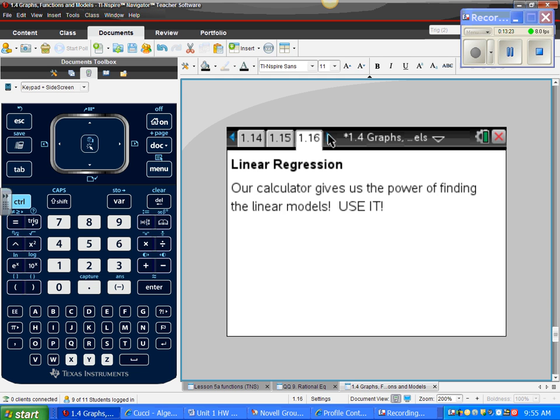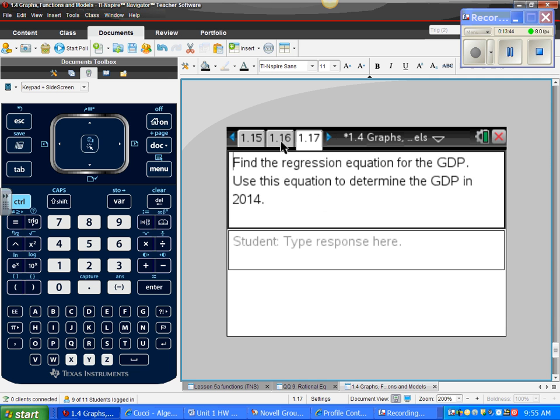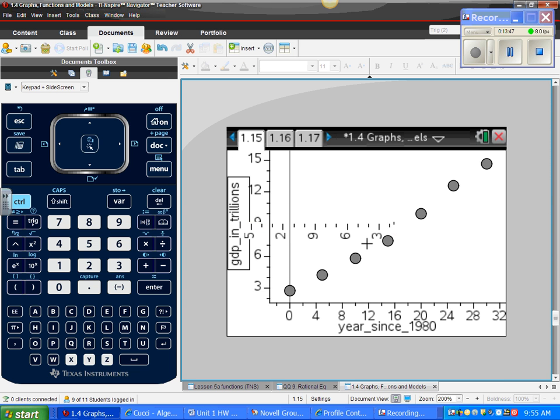So we're going to use our linear regression option. The calculator does a wonderful job of giving us a beautiful linear model that we don't have to mess around with. We don't have to add a movable line. We don't have to guess. We're getting a very good regression equation that we can utilize. So we're going to go back here and find our regression equation.